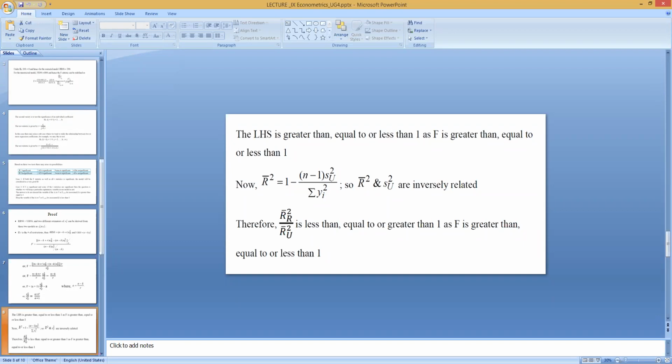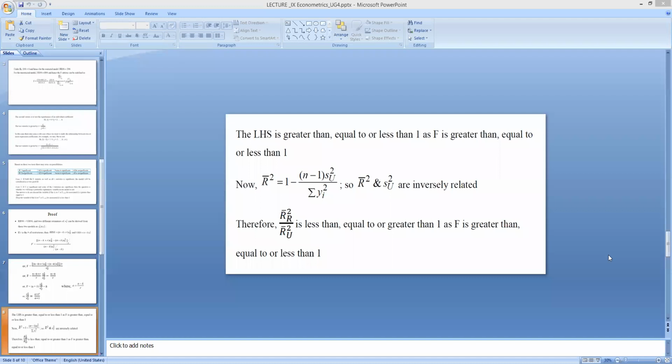Number 2, second point: RR bar square is equal to RU bar square.